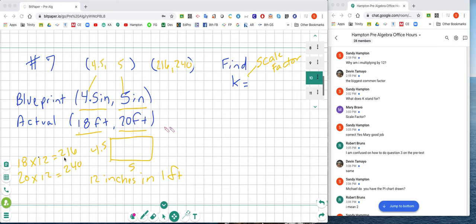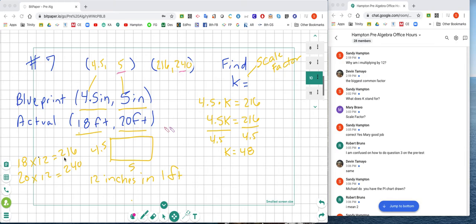Now we're going to go ahead and multiply. 4.5 times our scale factor is going to give us our new ordered pair. So 4.5K is equal to 216. Divide by 4.5, divide by 4.5, K is equal to 48. Now I'm going to take the second one, the y.